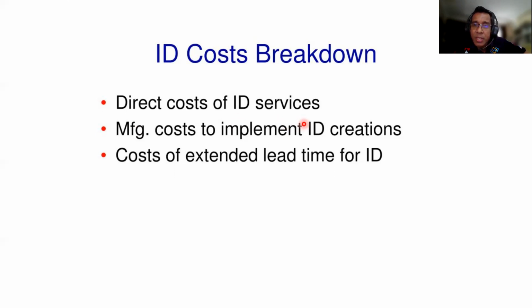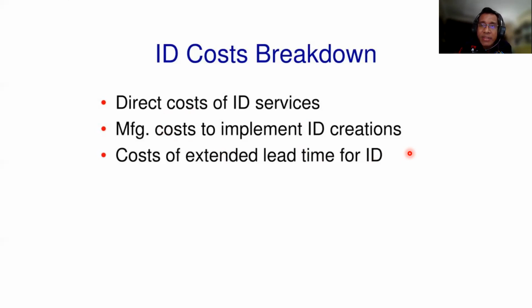So you also have manufacturing costs to implement ID creation. Manufacturing means that you need to find some money to make a prototype. When you have a hard model, for example, you need to manufacture the hard model to implement the ID creation. So there is a manufacturing cost for ID.